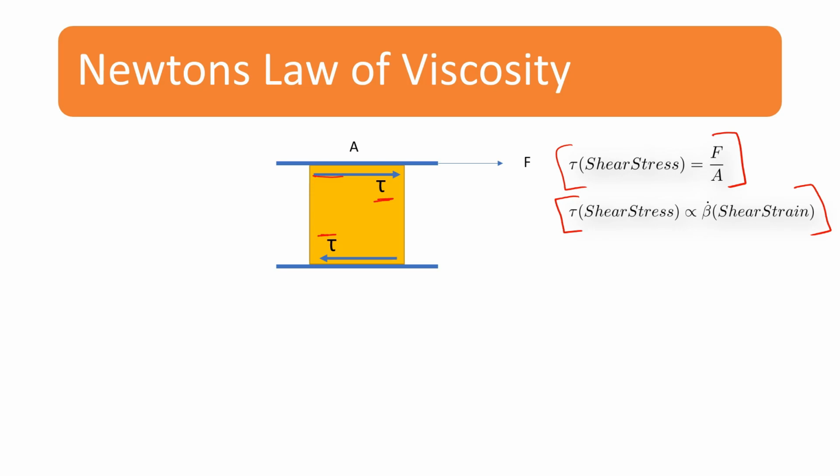Newton's law of viscosity states that shear stress developed is directly proportional to shear strain rate, that is beta dot. Those fluids which obey Newton's law of viscosity are called Newtonian fluids. That means in those liquids where shear stress is directly proportional to shear strain rate, they are called Newtonian fluids. So tau is proportional to du by dy.